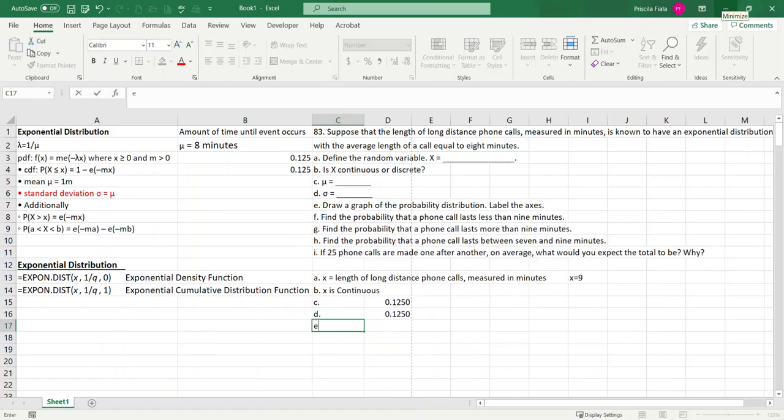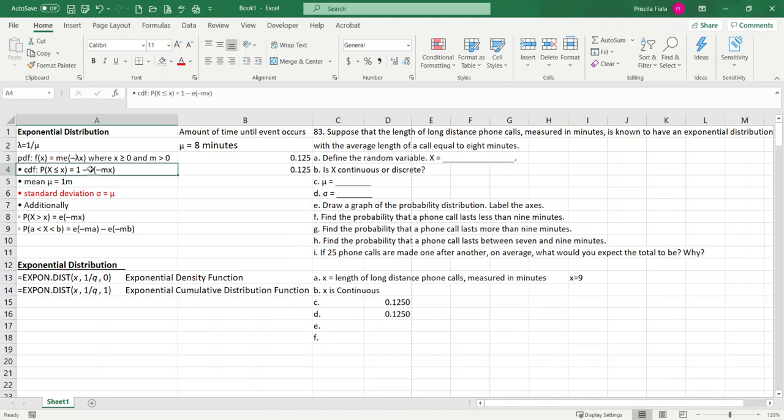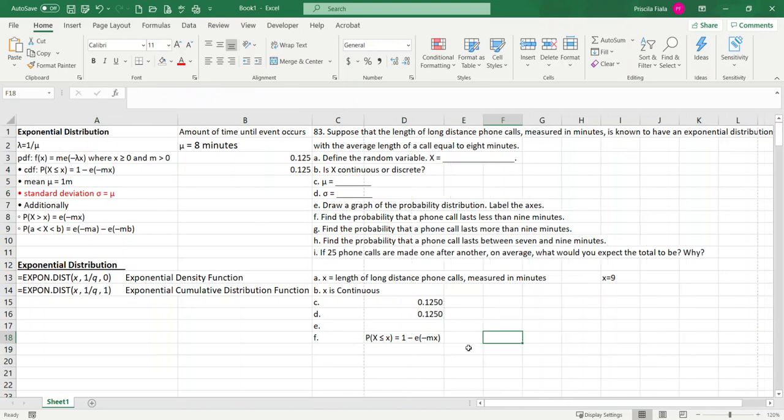Okay, let's go to F. Find the probability that a phone call lasts less than 9 minutes. If I look for the formula over here, less than would be this formula. So let's go ahead and replace it with actual values: 1 minus the exponent of minus lambda times x. Sounds confusing, right? But remember, your lambda you already determined right here.